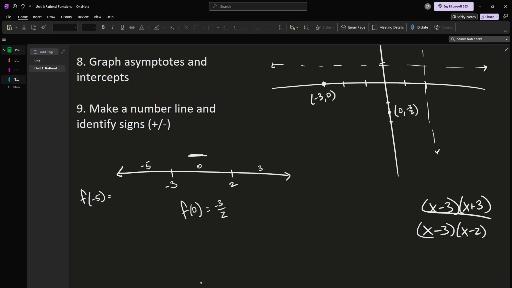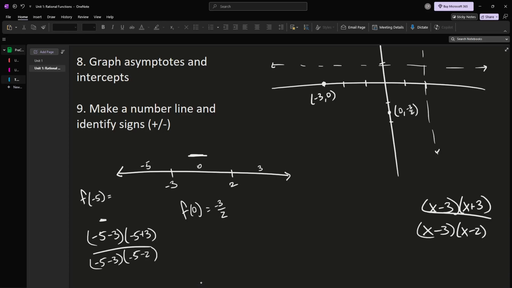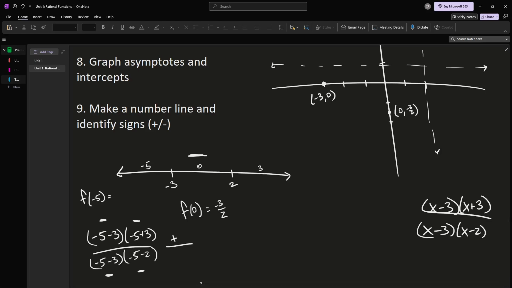So plugging in negative 5: negative 5 minus 3, negative 5 plus 3, over negative 5 minus 3, negative 5 minus 2. Negative 5 minus 3 is a negative, negative 5 plus 3 is a negative, negative 5 minus 3 is a negative, negative 5 minus 2 is a negative. Negative times a negative is a positive, negative times a negative is a positive, and positive divided by positive is a positive. So all these negatives give me a positive.